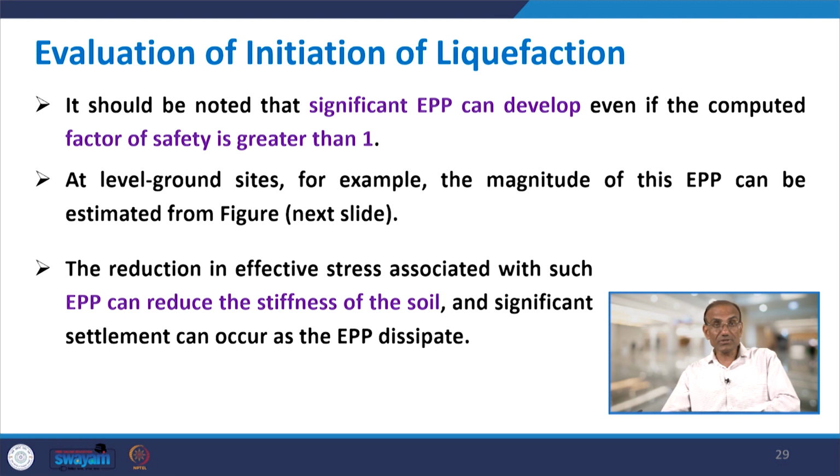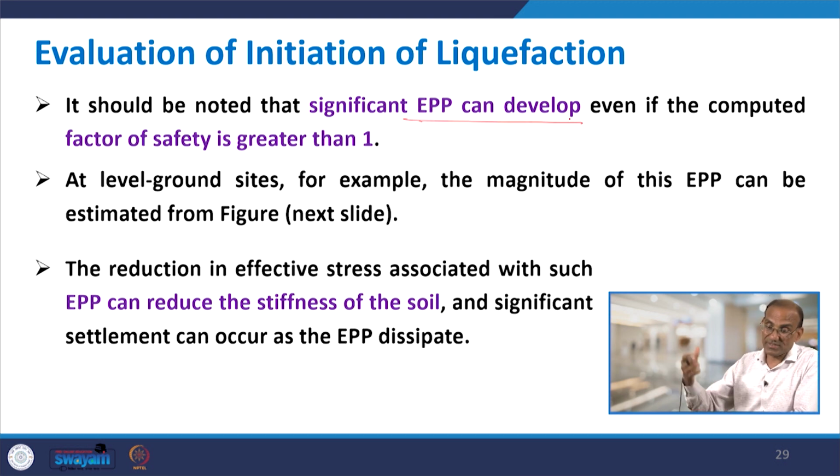Now the issue here is, sometimes it has been noted that even significant excess pore pressure can be developed even if the computed factor of safety is greater than 1. So, factor of safety more than 1 does not mean the pore water pressure will not develop; excess pore water pressure may develop, for example at level ground sites, and the magnitude of this EPP can be estimated as given in the next figure.